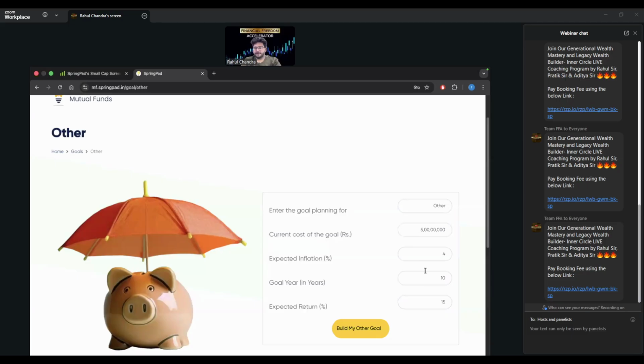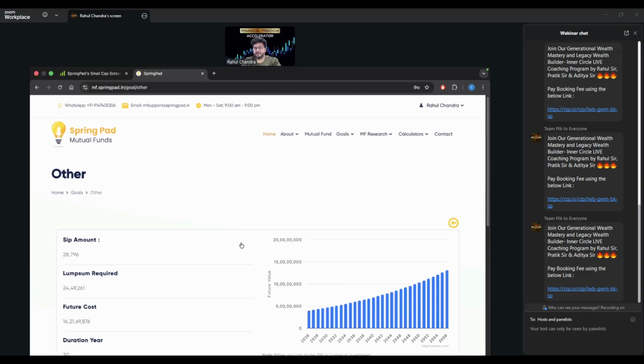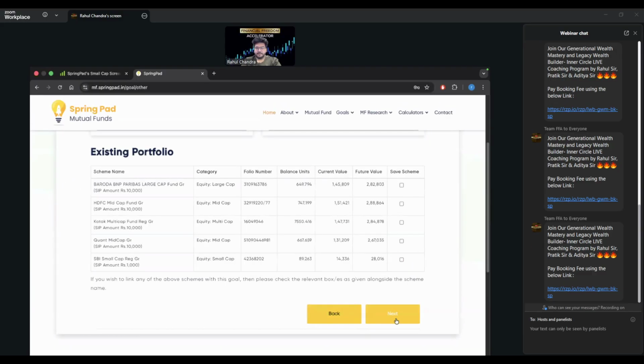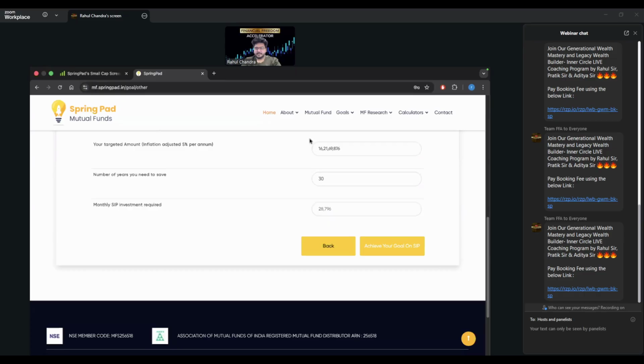So we want 5 crores at the end of 30 years. And the expected return is 15%, and our inflation rate is 4%. Build my goal. Okay, click on next. Achieve your goal. After 30 years, it should be equal to 16.21 lakh crores.